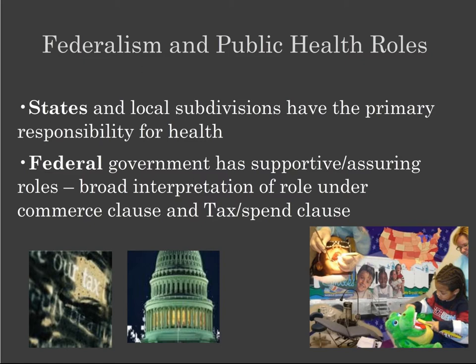So an example would be immunization. We allocate federal tax dollars to immunize children against important childhood diseases, and this support includes program funding for state immunization programs themselves in state departments of public health and local departments of public health.